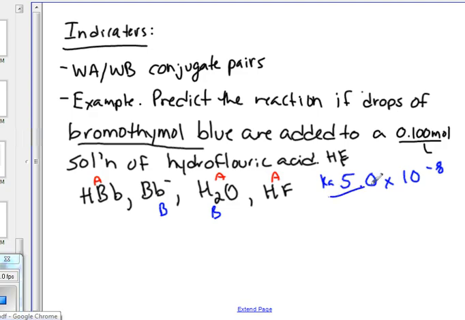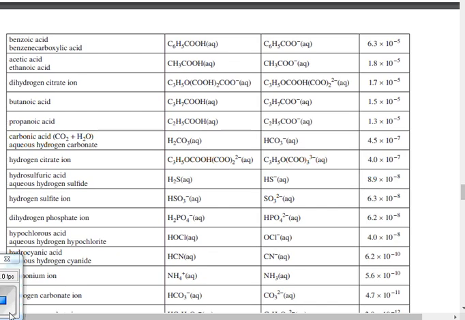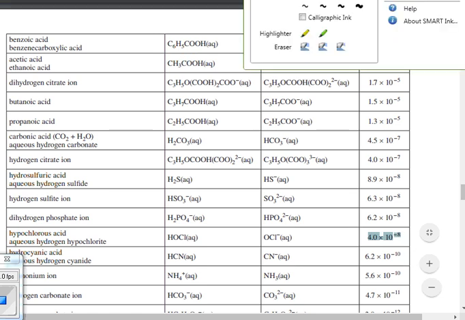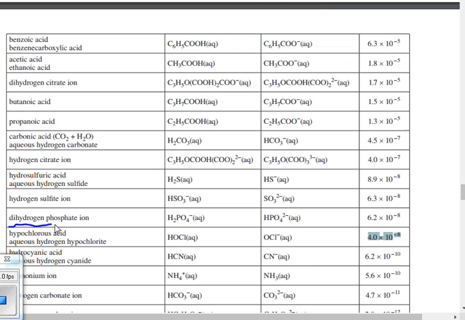So here's the Ka for bromothymol blue, 5.0 times 10 to the minus 8. So we're going to use that to fit it in here. And it's going to go in between these two numbers, 6.2 times 10 to the minus 8 and 4.0 times 10 to the minus 8. So this is where our bromothymol blue is going to fit. So just imagine that you added an extra line on your chart and you have your bromothymol blue acid and conjugate base right between these two.